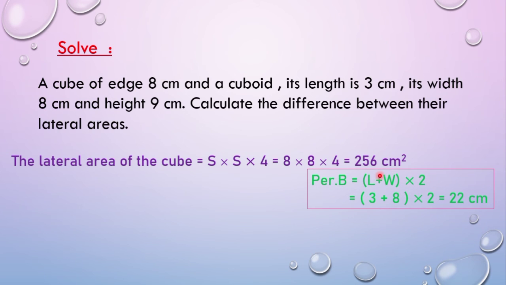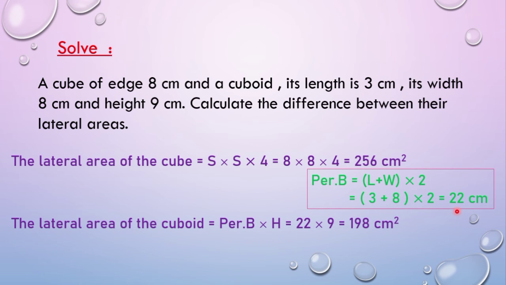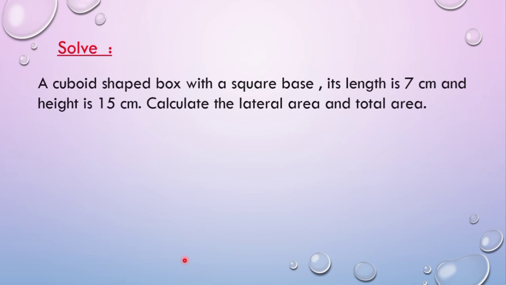And to get the lateral area of the cuboid, I should get the perimeter of the base first. So I will make length plus width times 2, so 3 plus 8 times 2, which is 22 centimeters. So the lateral area of the cuboid equals perimeter of base times height, which is 22 times 9, 198. And to get the difference, it means to make them minus, so 256 minus 198 equals 58 centimeters squared.